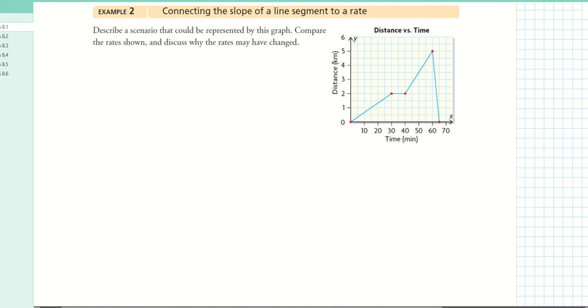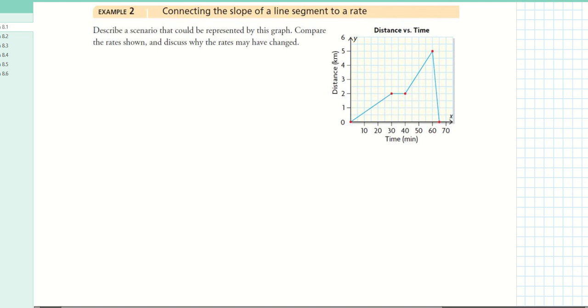Now, distance over time is speed. So this graph represents the motion of some object. Perhaps it's someone running or driving or biking, I don't know. So we have to figure out what the speed is to have an idea what this could mean.